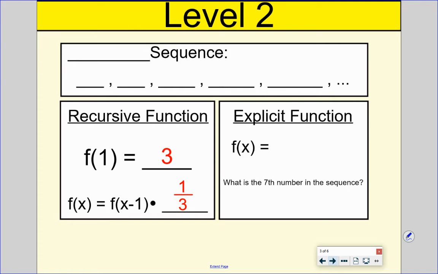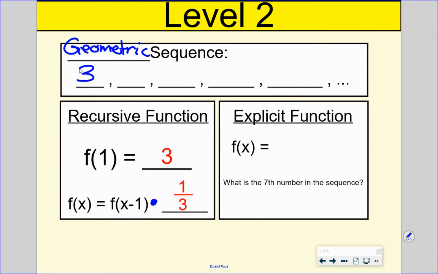We have our first term is 3, so we know we can write 3 for our first term, but then we're multiplying by 1/3. If we're multiplying by 1/3, we know that that would be a constant ratio, and this is going to be a geometric. And we are going to multiply by 1/3.